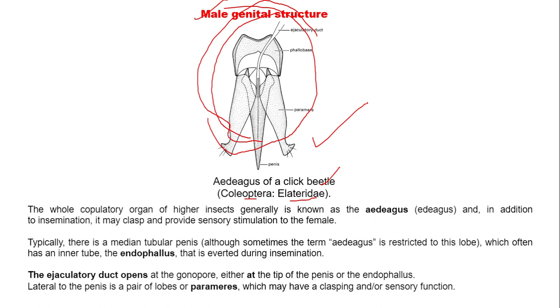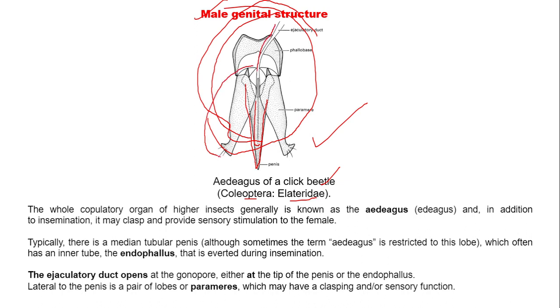Typically, the aedeagus contains a tubular structure known as the penis. The penis internally contains a tube-like structure known as the endophallus, and this endophallus is everted during insemination. The ejaculatory duct opens at the tip of either the penis or endophallus.